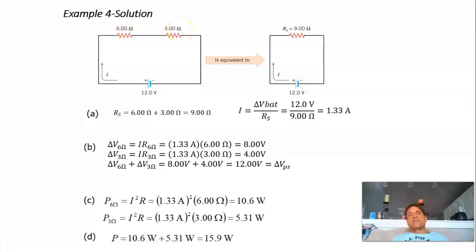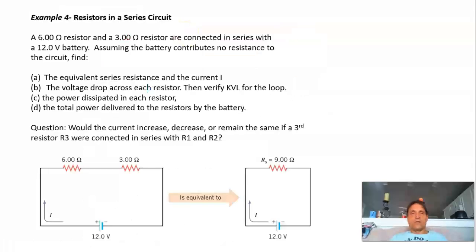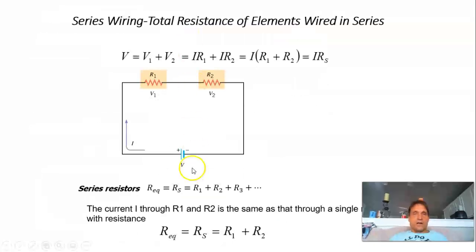The other thing is, if you keep wiring more resistors in series, what do you think is going to happen to the current? Well, let's look. Remember, the equivalent resistance is just the sum of the resistances. So the more things we hook up in series, the bigger the equivalent resistance.